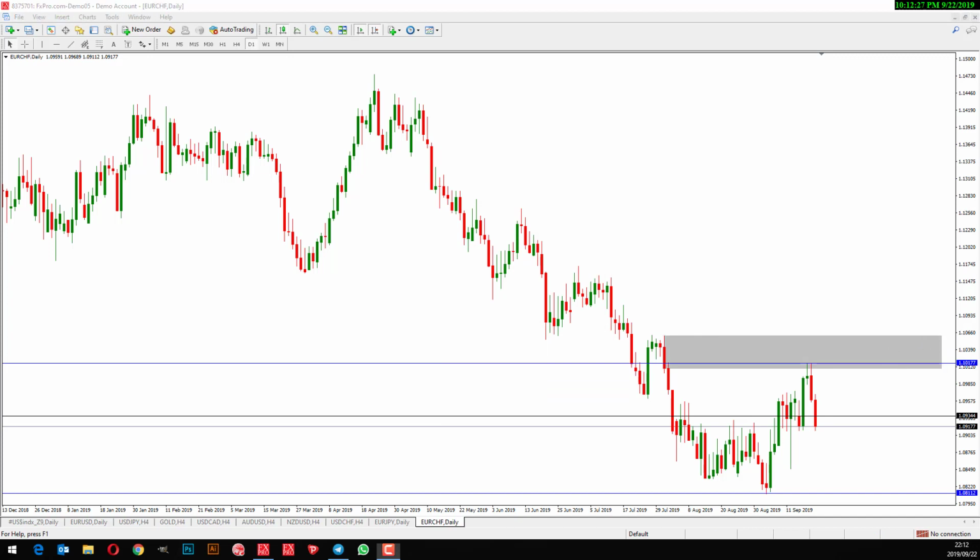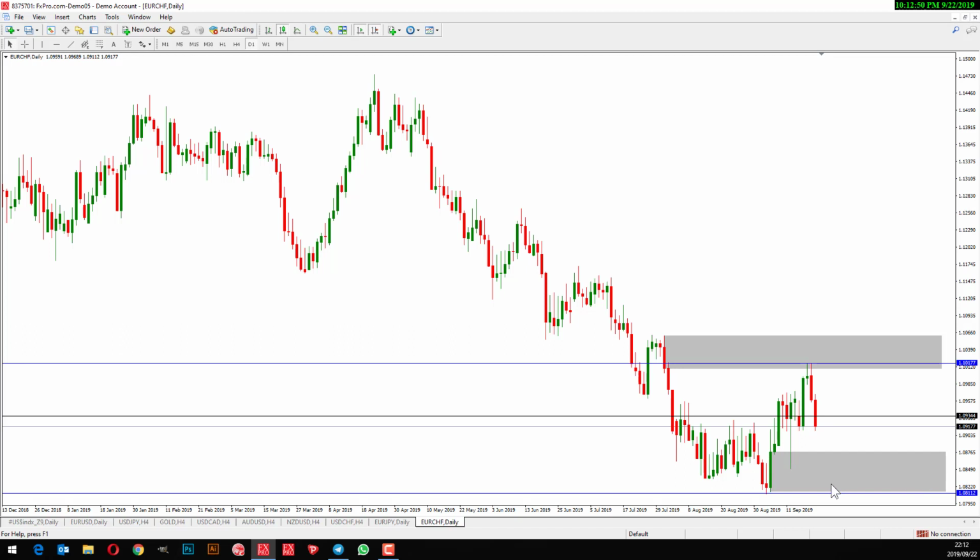Right, now I'm also going to highlight our demand zone on a daily time frame. Right, we've got a demand zone here. Opening price, closing price, then you extend it.